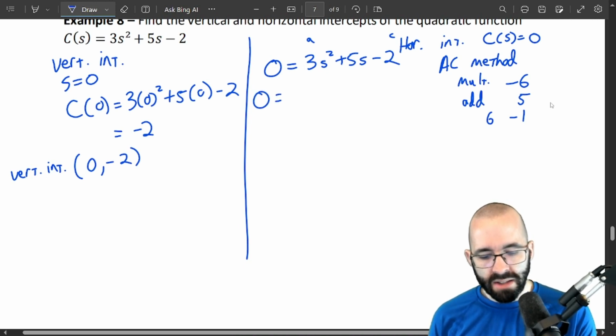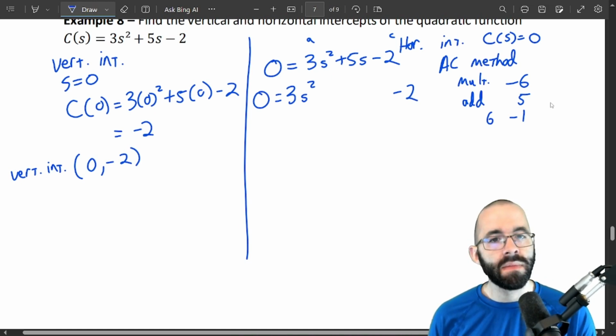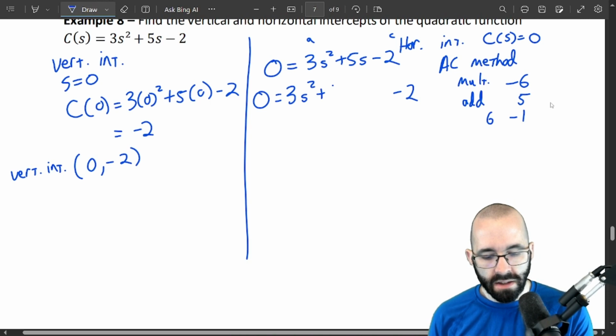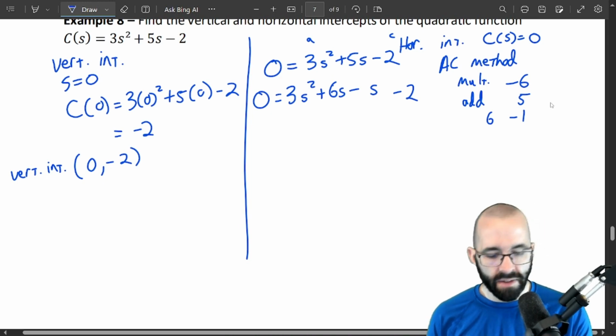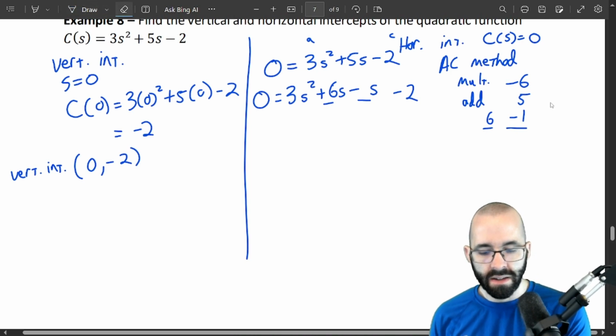What the AC method says to do is keep the first term the same, keep the last term the same, and rewrite 5s. 5s is 6s minus 1s. So we use that 6 and that -1 to split up that middle term.